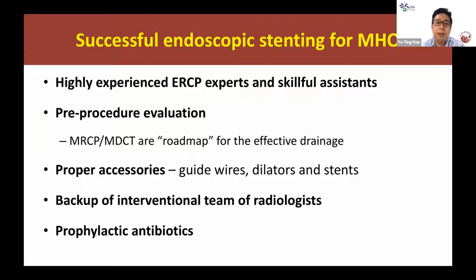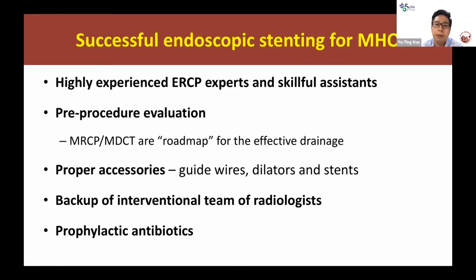I think you need to be very experienced in this kind of procedure, and you need to have very skillful assistance. And I think the most important thing is that before the procedure, you need to check the MRCP or CT to make sure which duct you want to place the stent in to achieve at least 50% drainage.